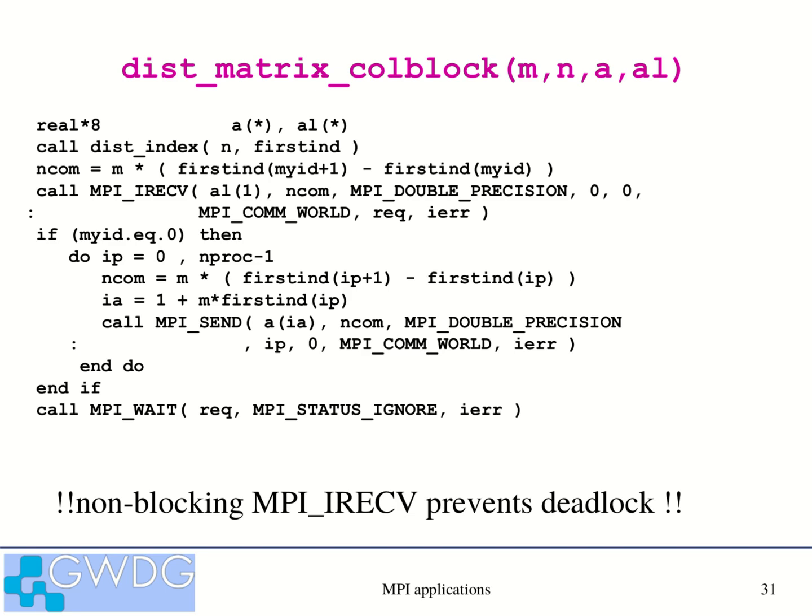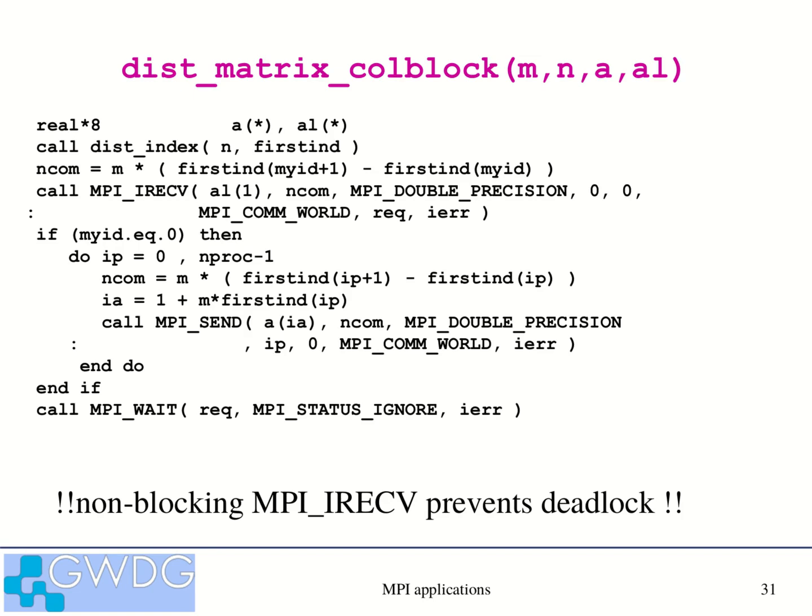The number of elements is the size n, the length of a column, times the number of columns to be sent, which is first index IP plus 1 minus first index of IP. And these values will start in the global matrix on process 0 at the address 1 plus m times first index of IP.